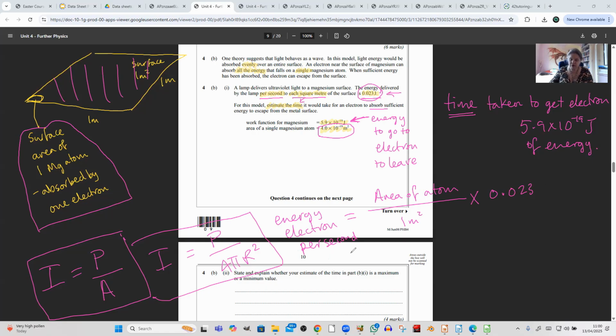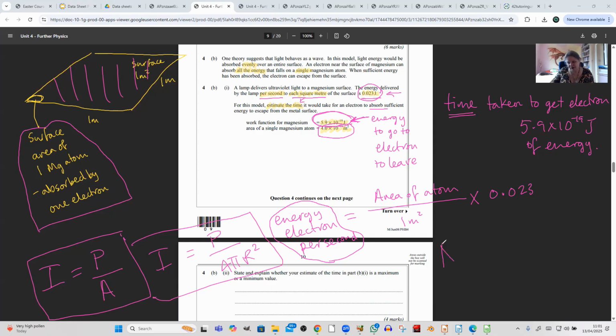So if we've now got the energy in 1 second, and we know the total energy that's required, we can do our number equation to find out the number of seconds. Number equation again.